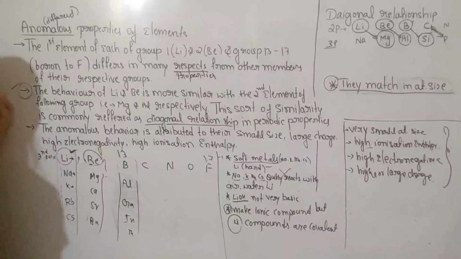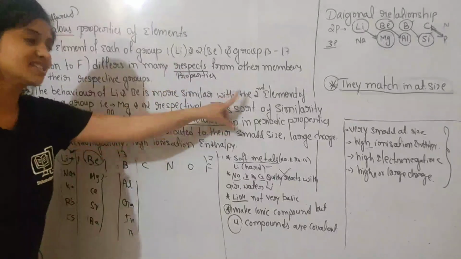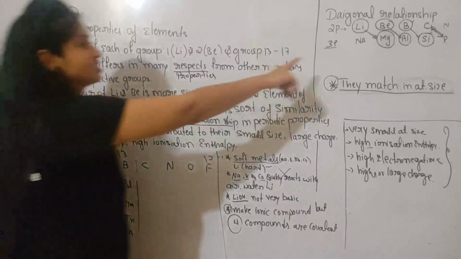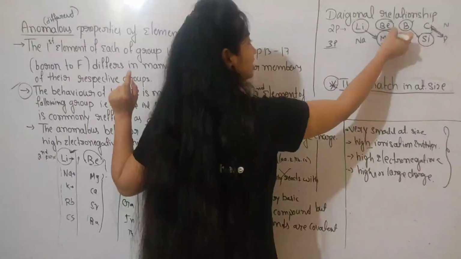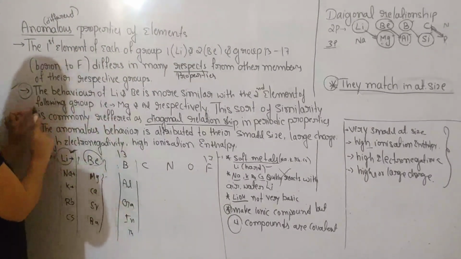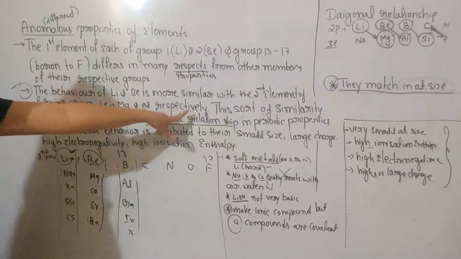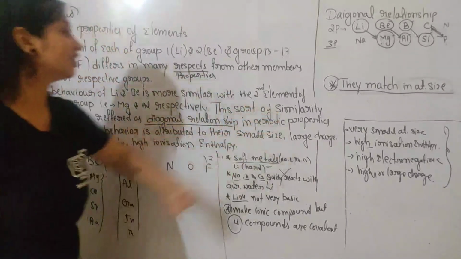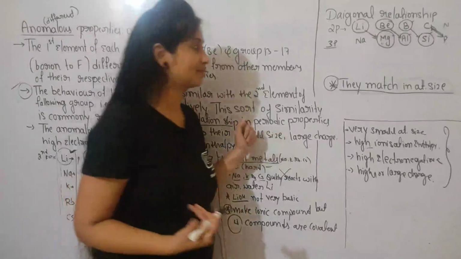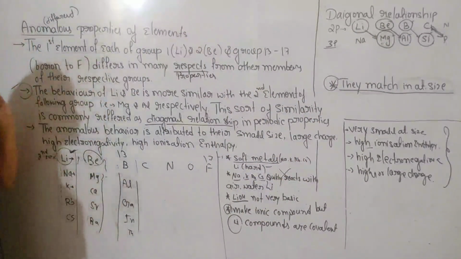And the next one is the behavior of lithium and beryllium is more similar to the second element of the following group, that is magnesium and aluminium respectively. So this sort of similarity is commonly referred to as a diagonal relationship.